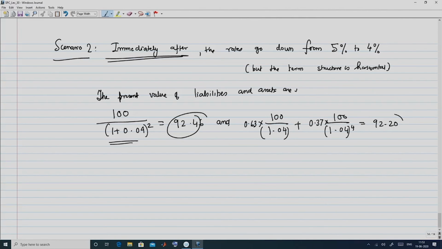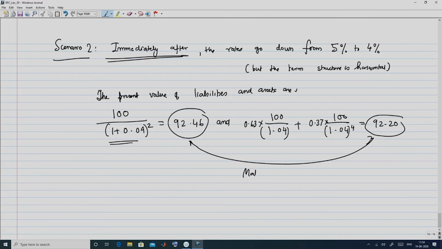Again you see that earlier these numbers were 90.70, but now they are more or less matching approximately.